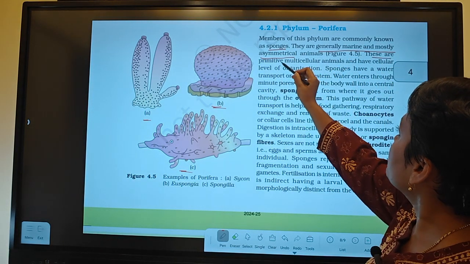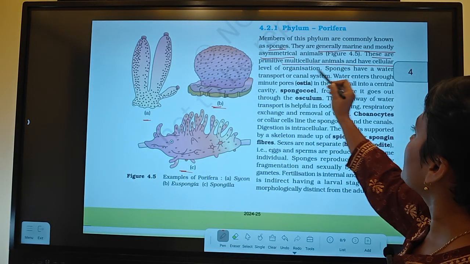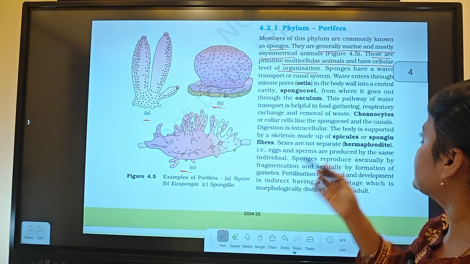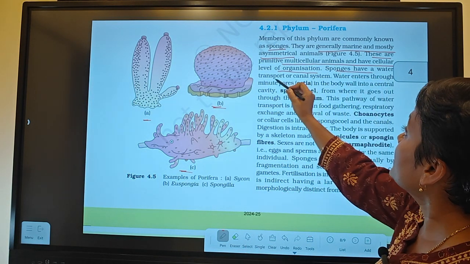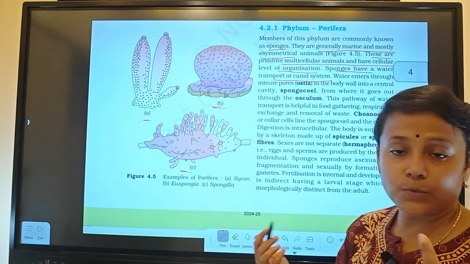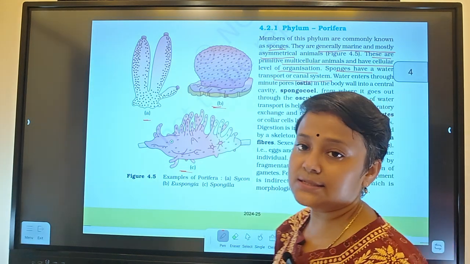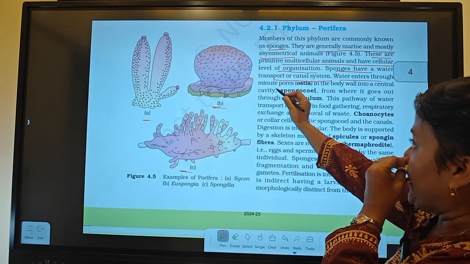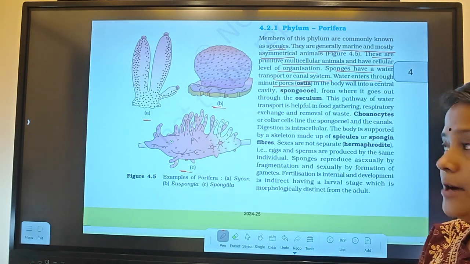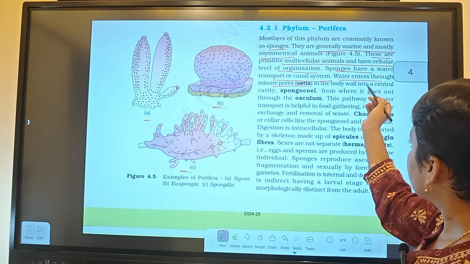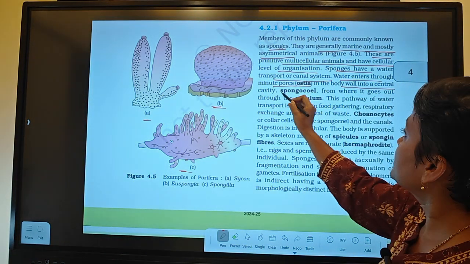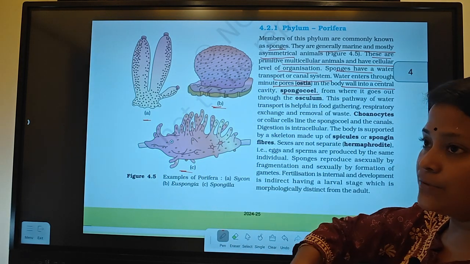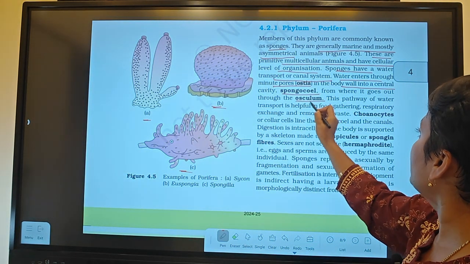These are primitive multicellular animals with a cellular level of organization. Already discussed, sponges have a water transport or canal system, or aquiferous system. Water enters through minute pores called ostia into the central cavity called spongocoel and goes out through the osculum.